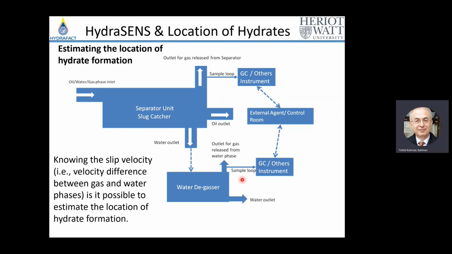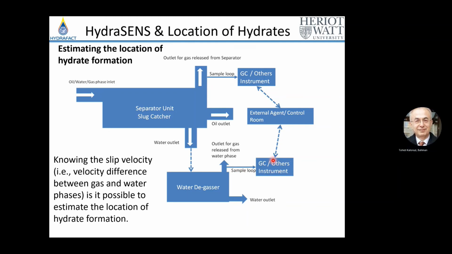You can also, as I said, locate where hydrate is formed. In a system like this, you get a sample of the gas phase, and you also get a sample of gas released from hydrate.